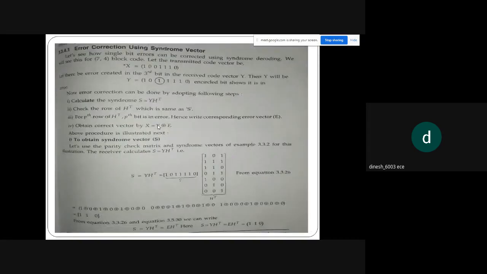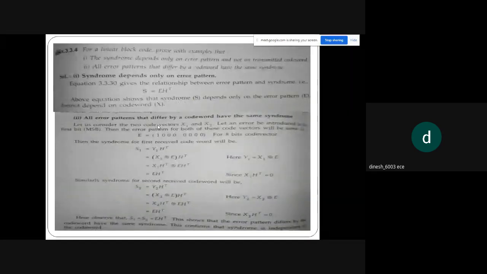So in today's class, I'll solve a different problem based on correction. We had detected errors in the previous class. So now we'll see how to correct them using syndrome vectors.